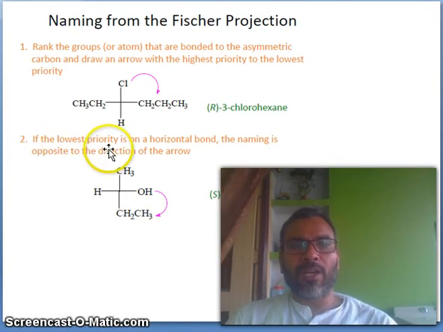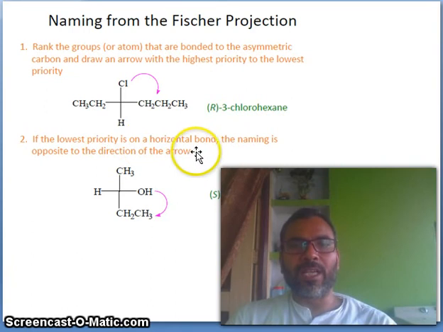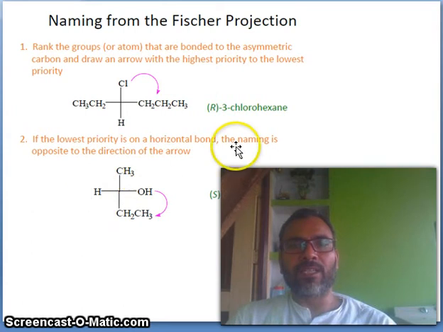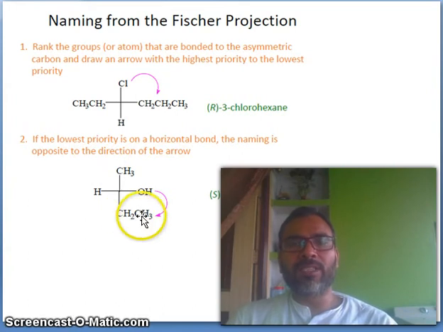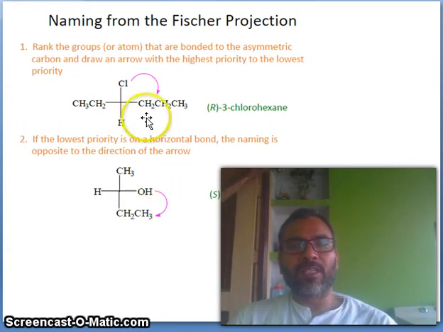If the lowest priority is on the horizontal bond, and it is on the horizontal line, the naming is opposite to the direction of the arrow. So if the arrow is clockwise, then you give S, not R. Here the horizontal line contains the fourth group. So whatever configuration comes, then reverse it.